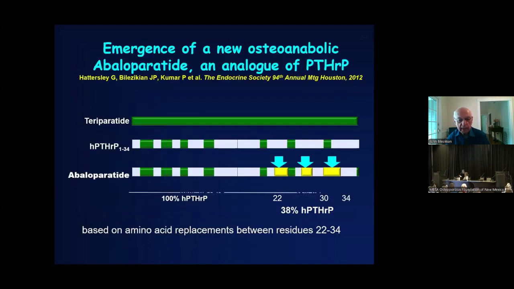Now, abaloparatide, very interesting drug. It is an analog of PTHrP, which is an analog of teriparatide. PTHrP is found in normal people, and in certain situations it becomes a predominant hormone, particularly in the developing fetus. In the green, comparing the long green sequence of teriparatide against PTHrP, the green cassettes here are areas of homology.